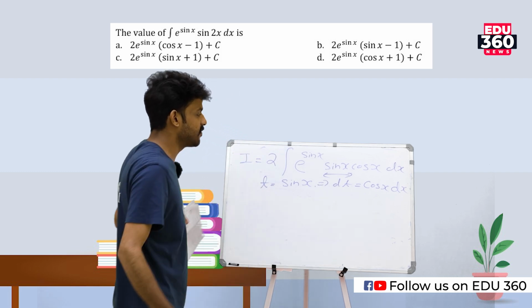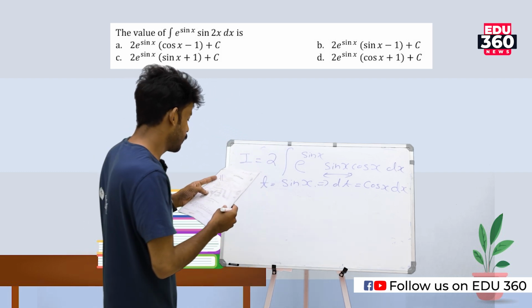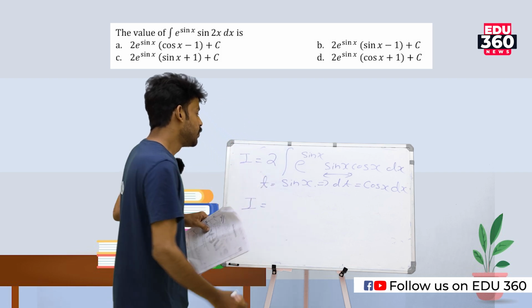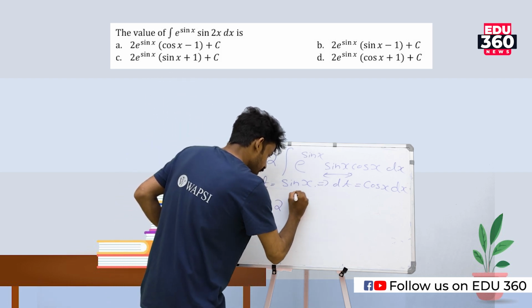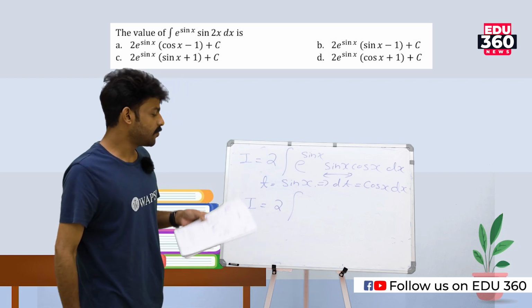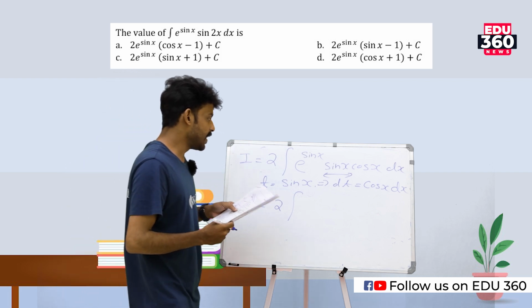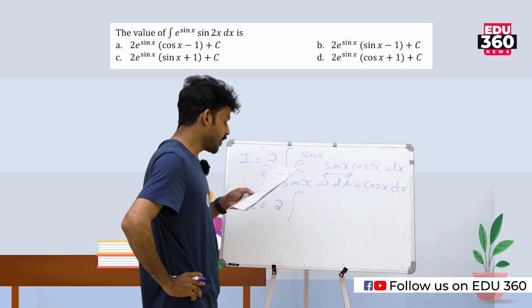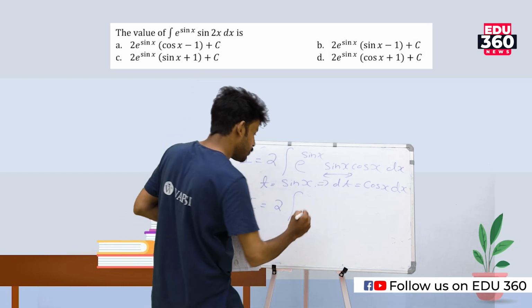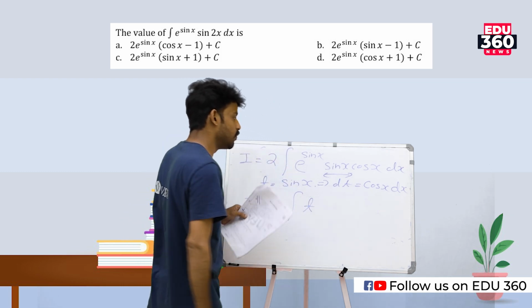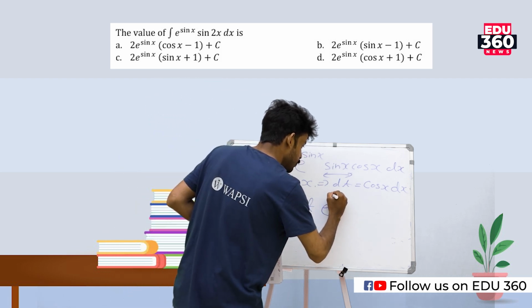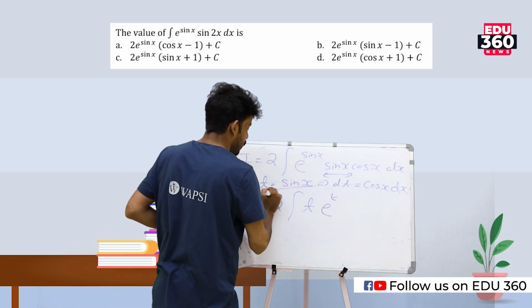So hereafter we can change the previous step. I is equal to 2 into the integral of e raised to sine x into sine x cos x. For this one, we can write it as t into e raised to t, because we already substituted sine x is equal to t.